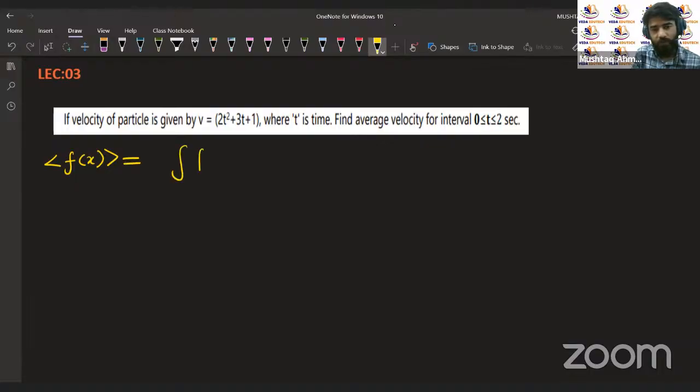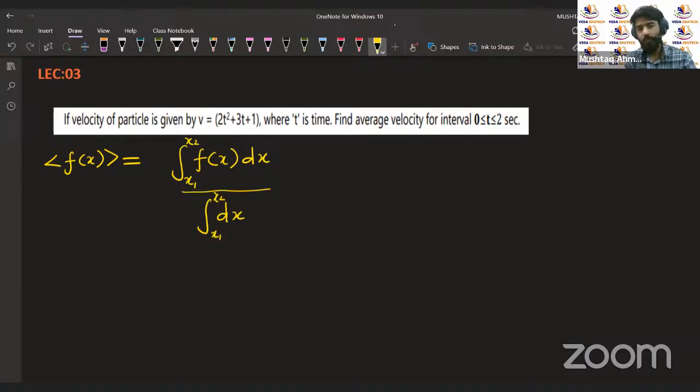The average is the integral of f of x dx, let's suppose between the interval x1 and x2, so the limits will be from x1 to x2, over the integral of dx with limits x1 to x2. So this is how we can find the average of any function, right?